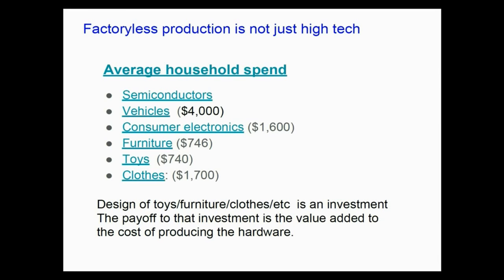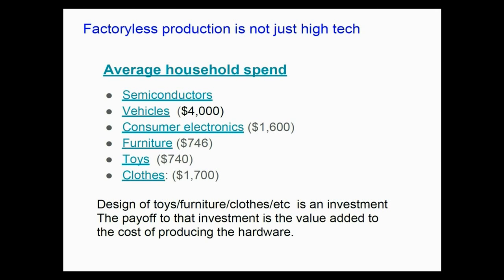But the interesting thing is the design of those vehicles is still usually done in the country where the company considers home. So the BMWs and Mercedes and so on. There's a huge value to the design that's conducted in Germany, even though the car may end up being assembled in Czechoslovakia with parts from Poland.